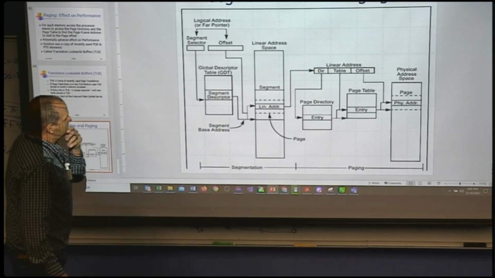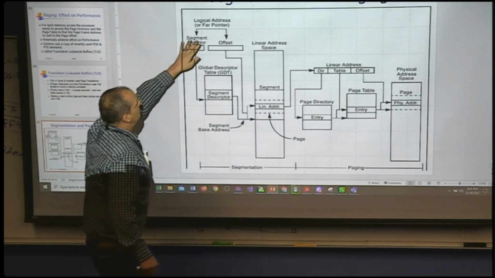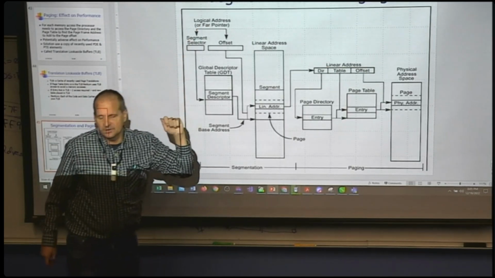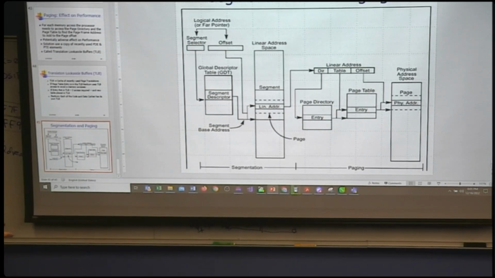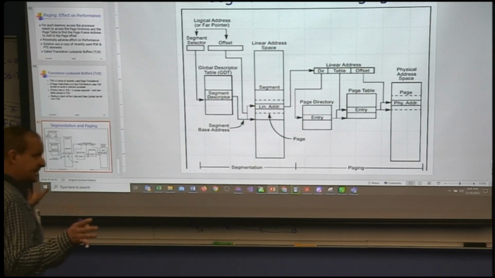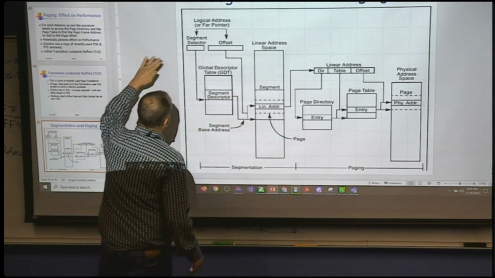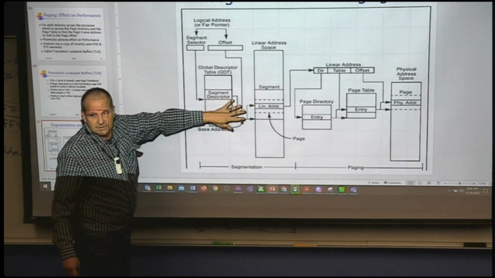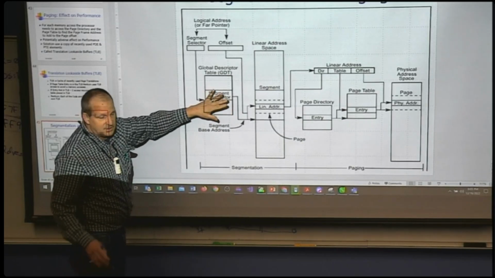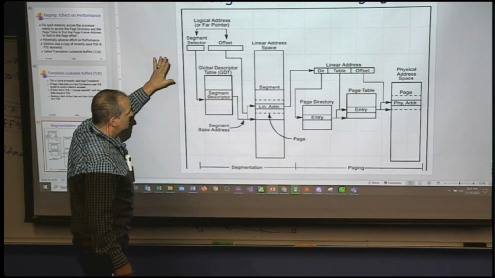So, guys, your program generates what's called the logical address: a segment register and offset. Okay? That goes through the segment selector, which specifies where to go in the table to get the base address, size, and limit.